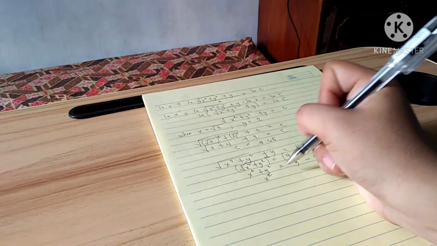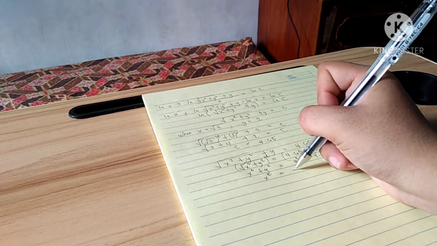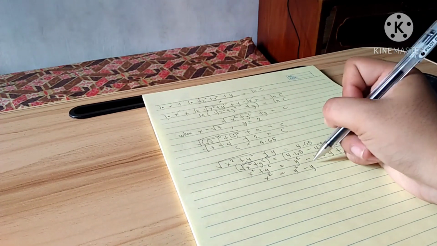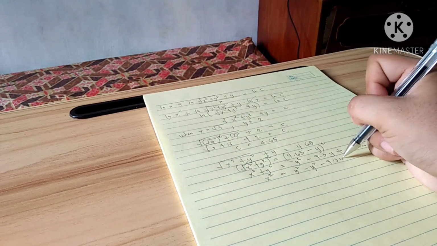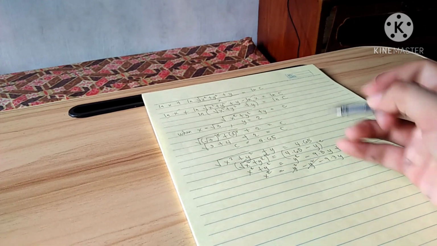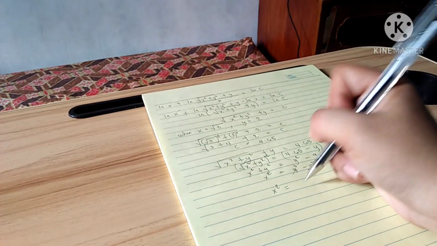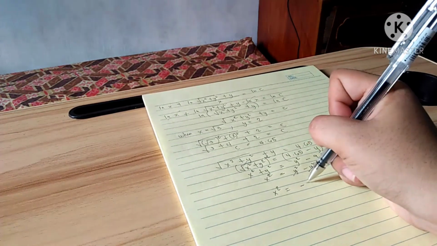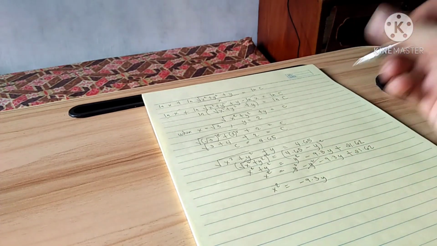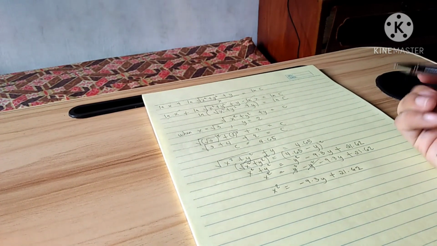So, x squared is equals to y squared minus 9.3y plus 21.62. Makancel na ito. Magiging x squared is equals to negative 9.3y plus 21.62.